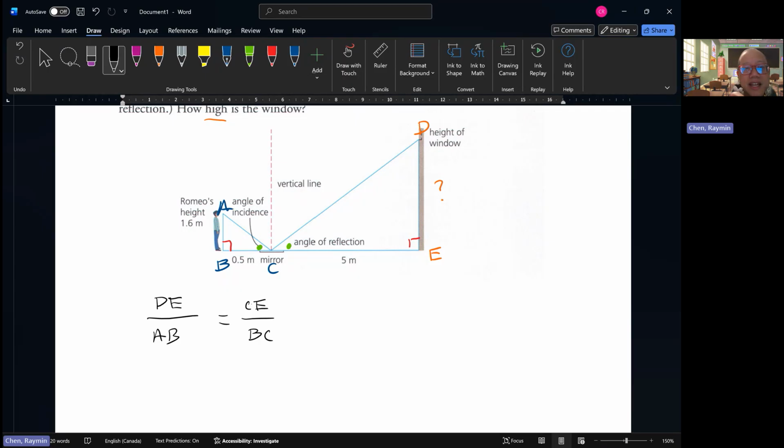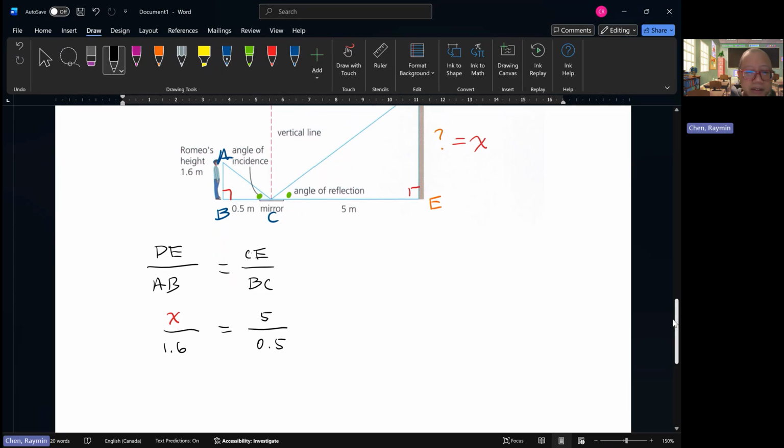Let's go solving this. And again, I like using X as our unknown. So X is equal to, when you sub in the information, 1.6 for the AB. For CE, it is 5 meters, and BC is 0.5. Now this just becomes just like our similar question of cross multiplying. I'll just scroll this up so people can see the math part now.